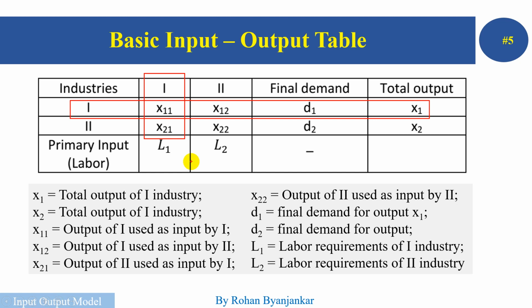It's actually the uses, or the cost, because X21 is the output of industry 2 used as an input by industry 1. This means that industry 1 has purchased the output or product from industry 2, so it's actually the cost or the usage by industry 1. In this tutorial, we will not deal with the primary labor input, and we will cover it in our next tutorial.